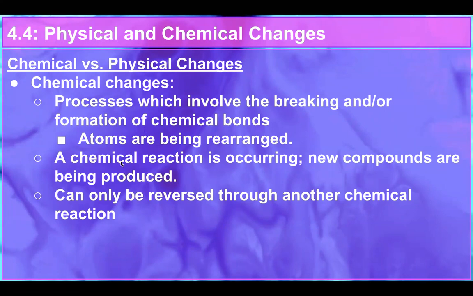So when a chemical reaction occurs, new compounds are produced. So we will have a product that is fundamentally different from any of the reactants that we had. We can only reverse a chemical change through another chemical reaction occurring.